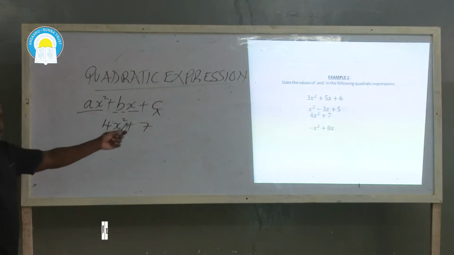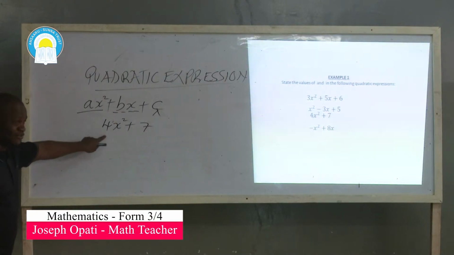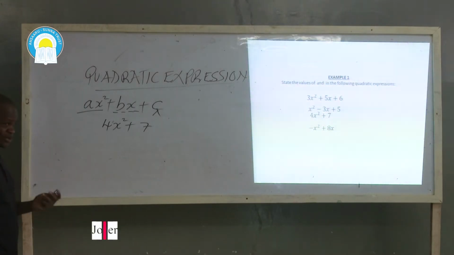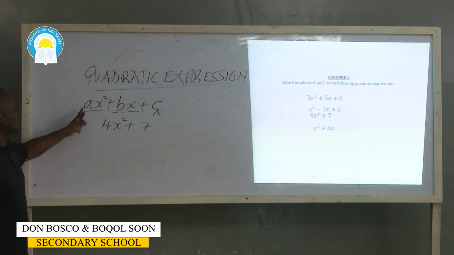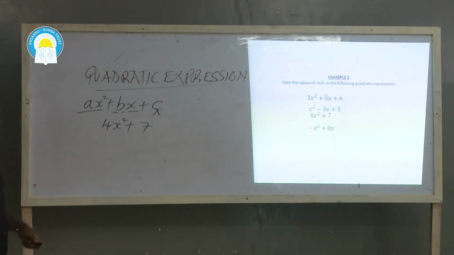In the general format, we have three terms, and yet here we have two terms. But having learned the significance of a, b, and c, this should not be a challenge. What is a? a is the coefficient of x squared, the coefficient of quadratic x. In this case, we have 4. So 4 qualifies to be our a.